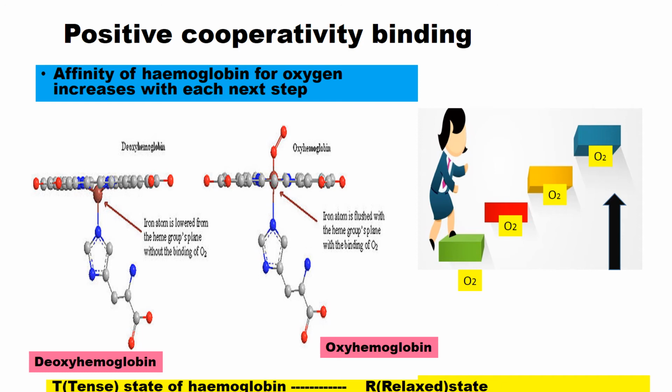So this phenomenon is known by the name of positive cooperativity, or cooperative binding kinetics, and it is easier for oxygen to bind to the heme moieties, and there is a 500-fold increase in the oxygen affinity, and this is also responsible for the sigmoid nature of the oxygen hemoglobin dissociation curve.